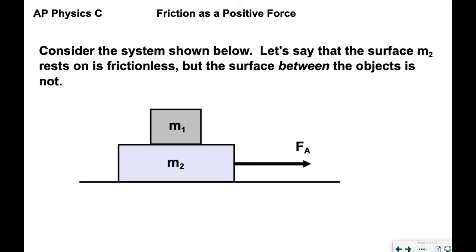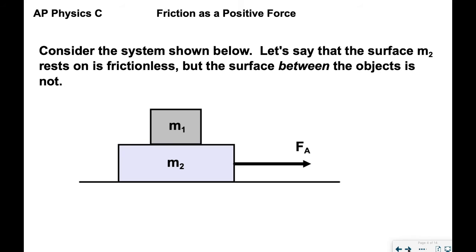So we'll consider the system that's shown below. We have a block M1, and it's resting on top of another block M2. We're going to say that the surface M2 rests on is frictionless, but between the two objects there is friction.